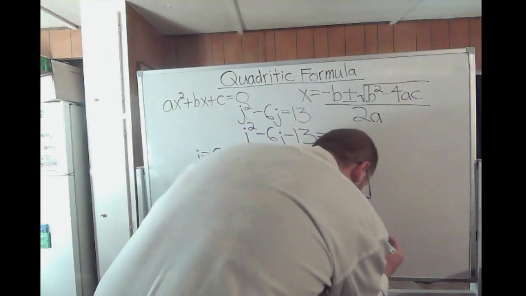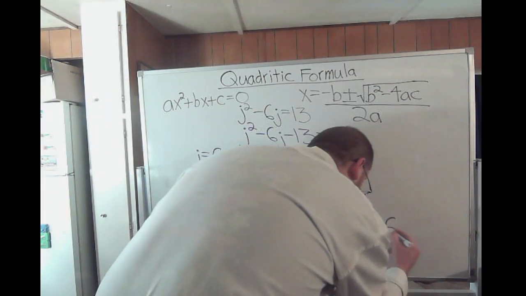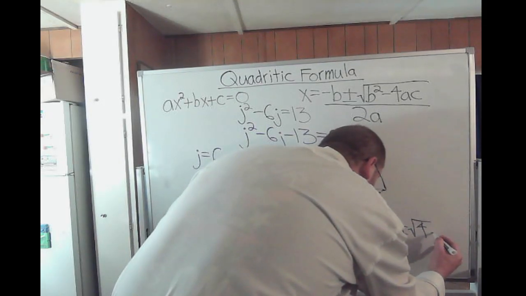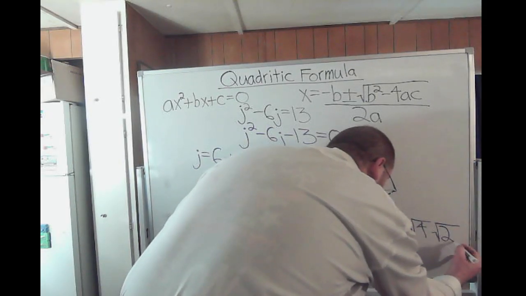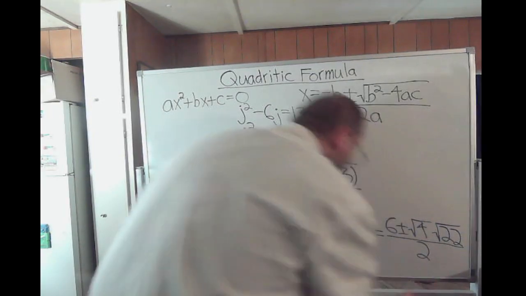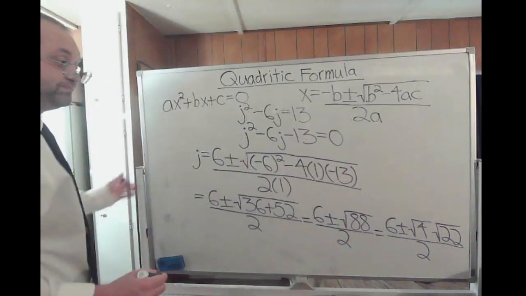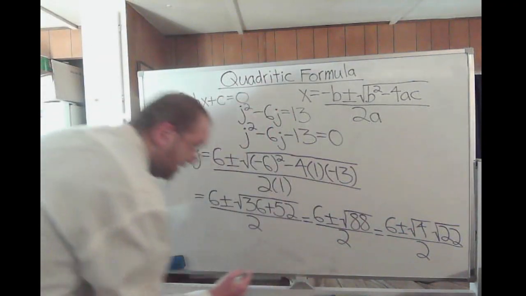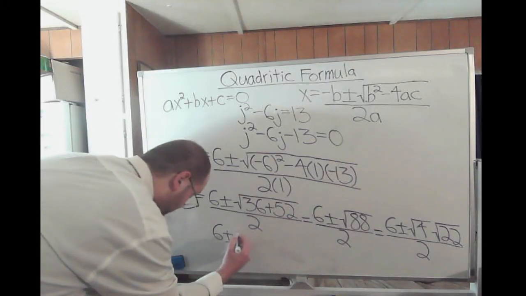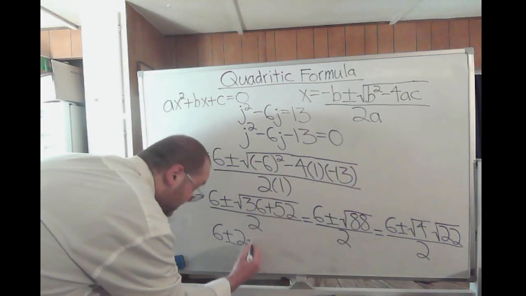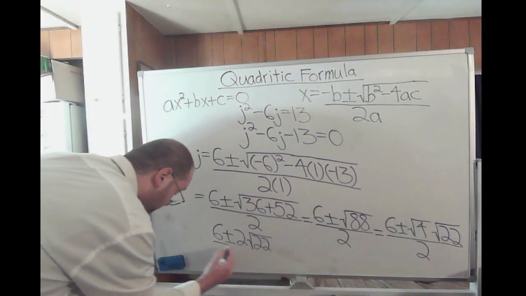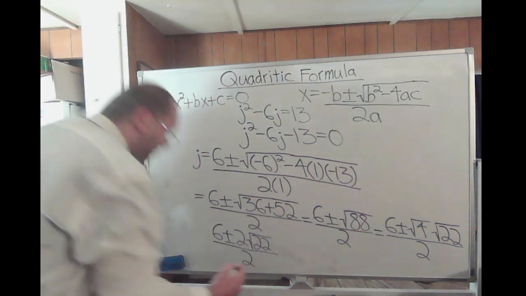We know 4 is a perfect square. So this will equal 6 plus and minus the square root of 4 times the square root of 22, all over 2. Well, this turns further into 6 plus and minus, square root of 4 is 2, times the square root of 22. Square root of 22 doesn't factor any further. This will all be over 2.